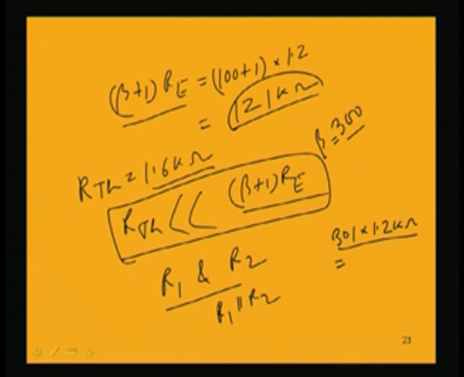Now, this is the potential divider biasing scheme, and if we now consider the collector feedback bias scheme, suppose we have a scheme using collector emitter feedback bias.